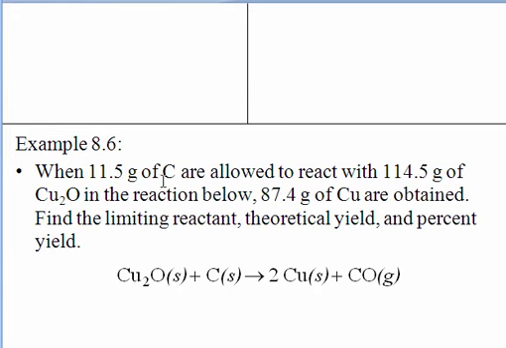When 11.5 grams of carbon are allowed to react with 114.5 grams of copper(I) oxide in the reaction below, 87.4 grams of copper are obtained. From this information, find the limiting reagent, the theoretical yield, and the percent yield.